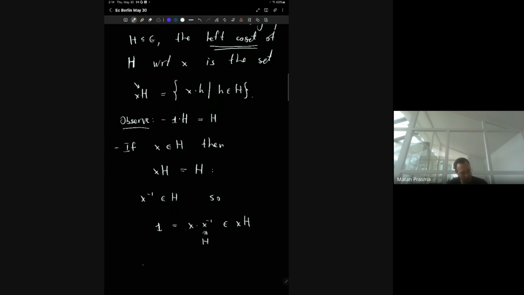So if T is an element in XH, then clearly T belongs to H because it is a product of two elements in H. Okay, so this means that XH is contained in H.